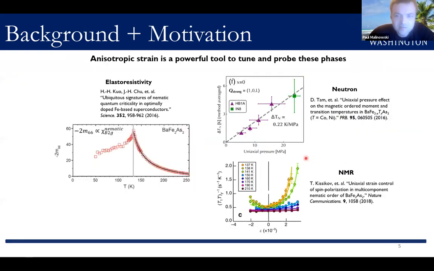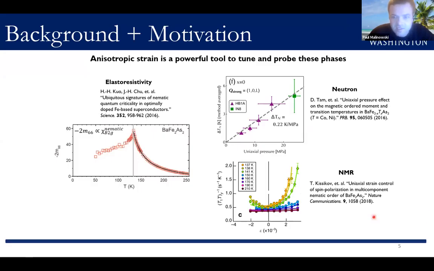So this raises the prospect that if we're able to tune these phases and their associated fluctuations and see how the superconducting state responds, we can gain insight into how all these phases are interconnected. And as it turns out, anisotropic strain is a uniquely powerful tool to couple to these phases.